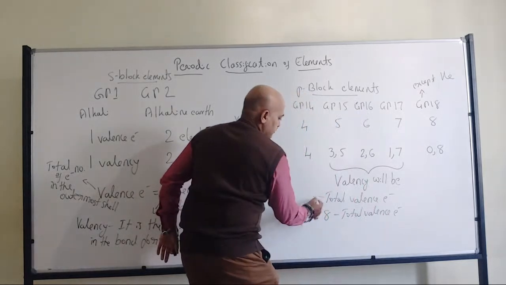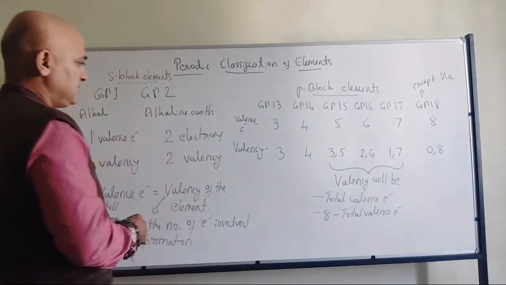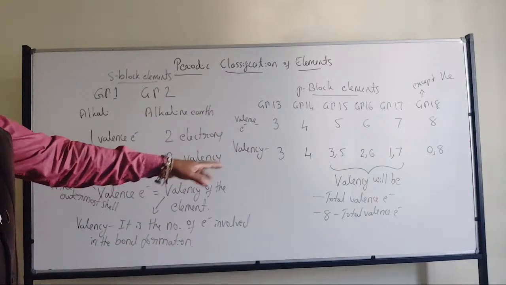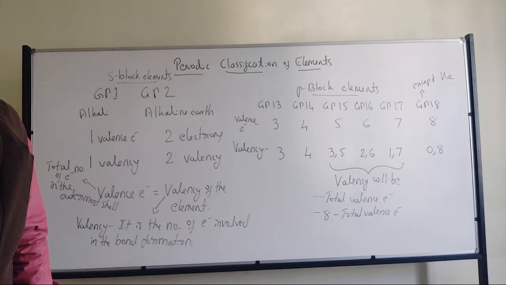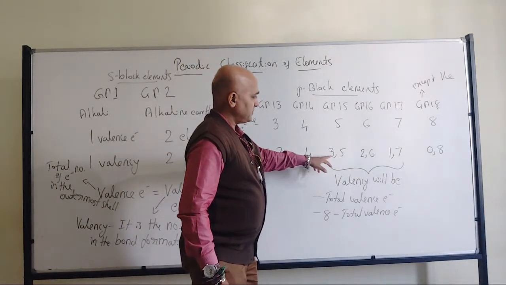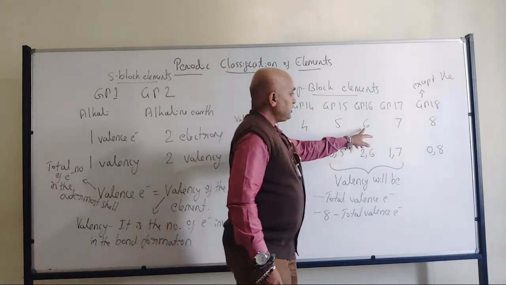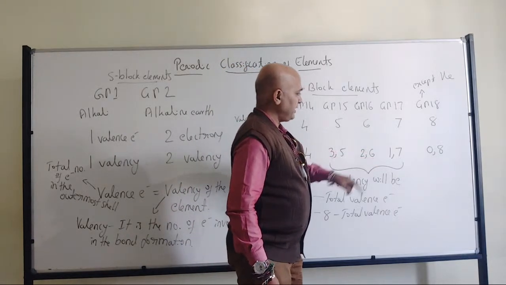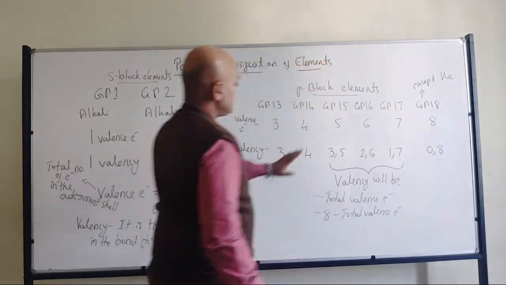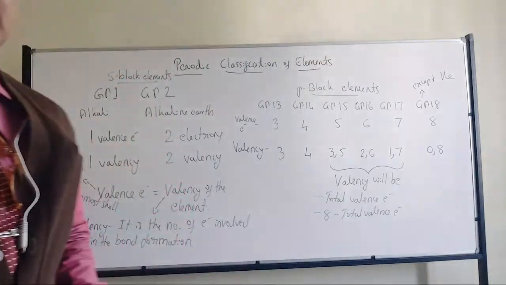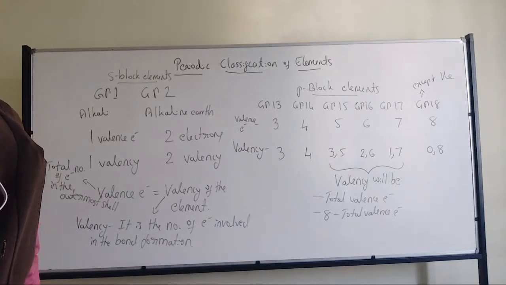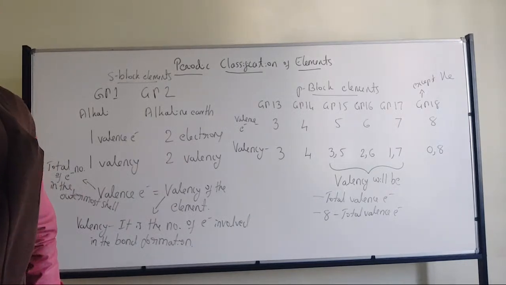So there will be two valencies. That's why 8 minus 5 is 3, so we have 3 and 5. 8 minus 6 is 2, therefore we have 2 and 6. 8 minus 7 is 1, therefore 1 and 7. So valency will be of two types: one is total valence electrons and the other is 8 minus total valence electrons.